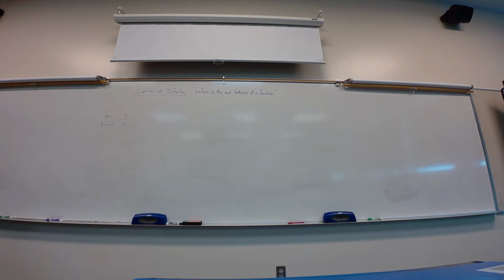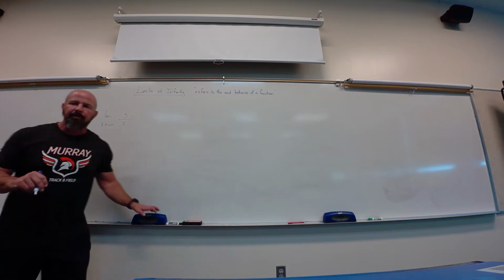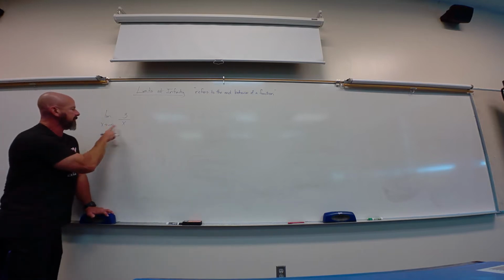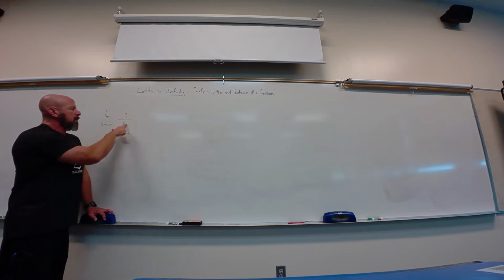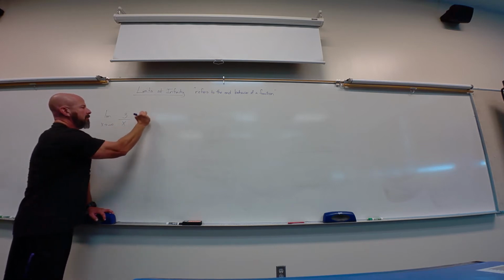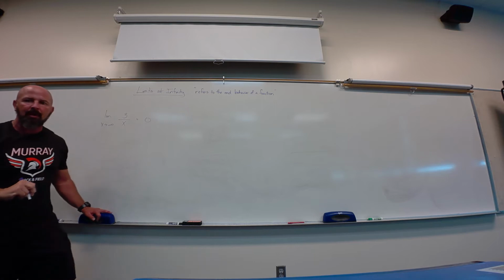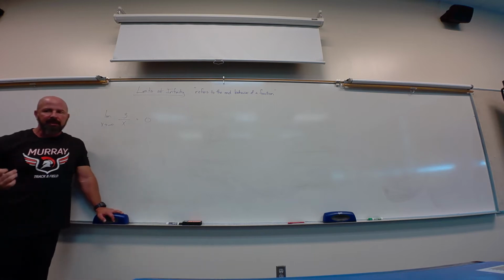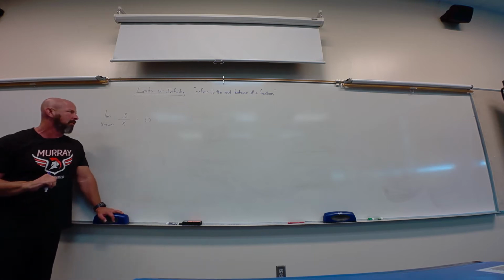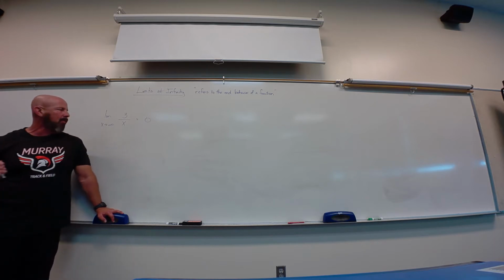If I need to do some other manipulation algebraically, or try values close, or graph, we can do those kinds of things. But here, when I'm talking about 3 over x, if I put infinity in for x, 3 over infinity, that's approaching 0. Will it ever get to 0? No, but it's going to get really, really close. So that amount would be 0.